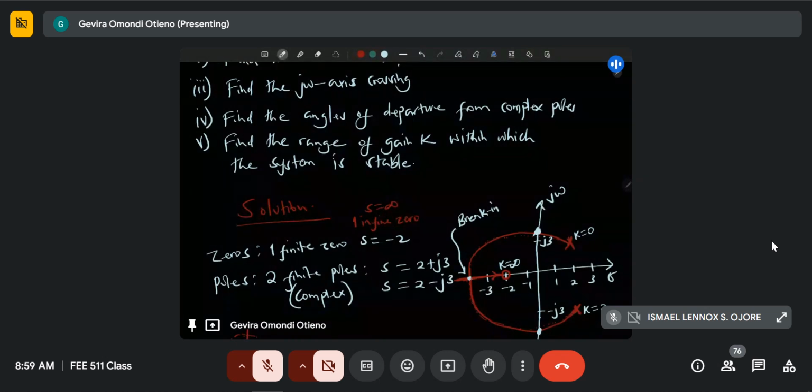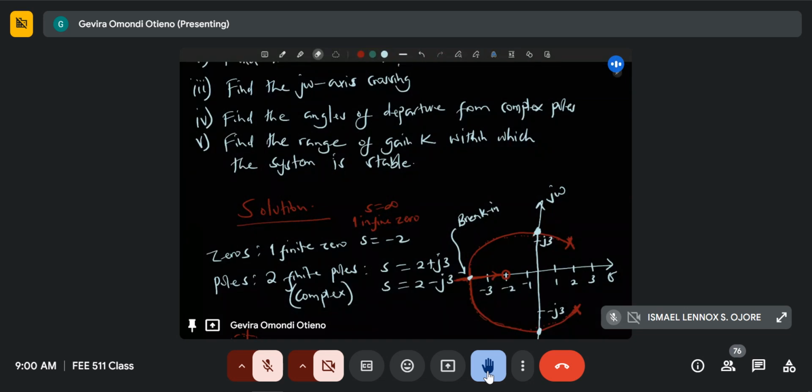We'll also need to determine this break-in point. Then we'll need to determine at what angle these poles depart, so the angle of departure from the complex poles. This was just an illustration, so I don't want to clutter this so much. So we can leave the sketch at that point for now.